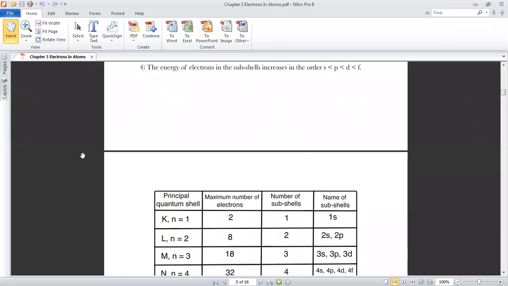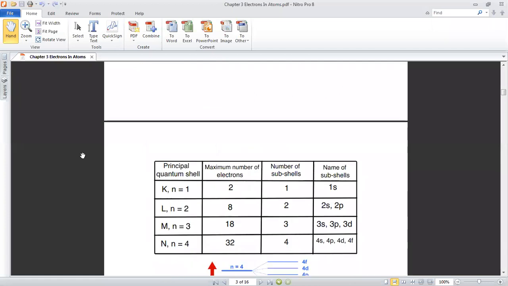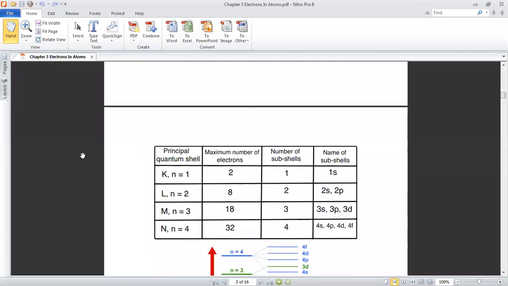So how many subshells, how many kinds of wave patterns can be taken by an electron in a shell? We have a concept about that: it is equal to the number of the shell. So the number of subshells is equal to the number of the shell or principal quantum number.